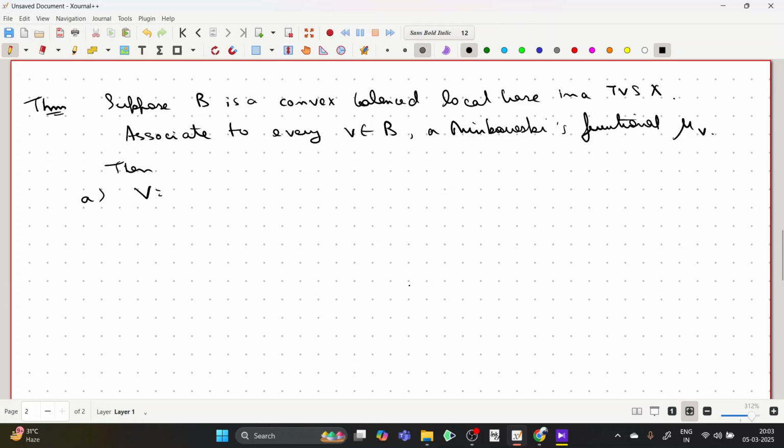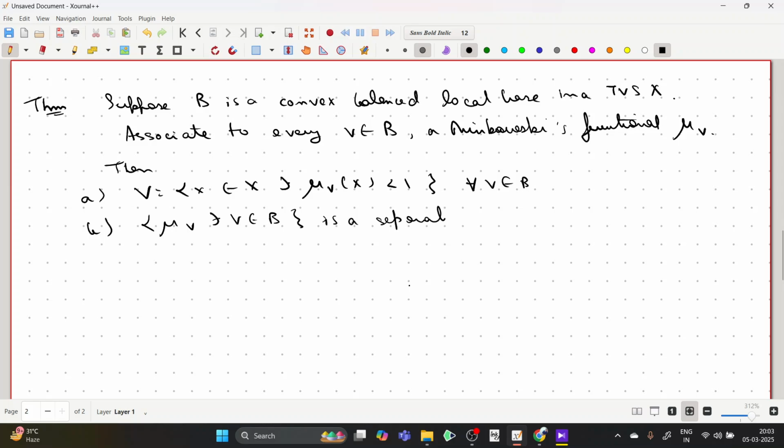(a) V is equal to the set of x in X such that mu V of x is less than 1, for all V in B, and (b) if I choose this mu V such that V is in B, then this is a separating family of continuous seminorms.